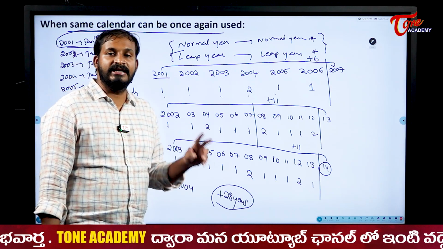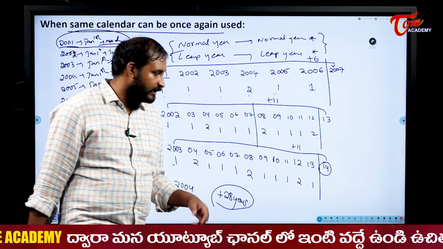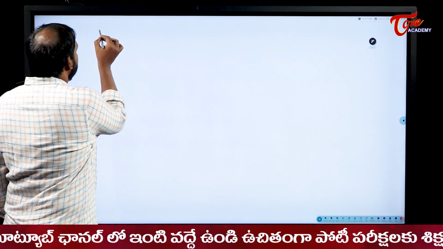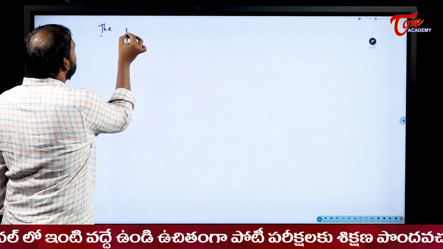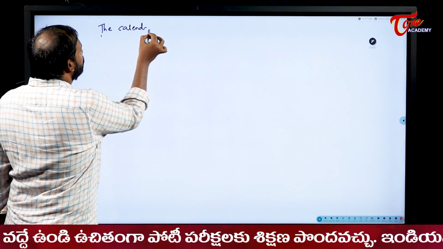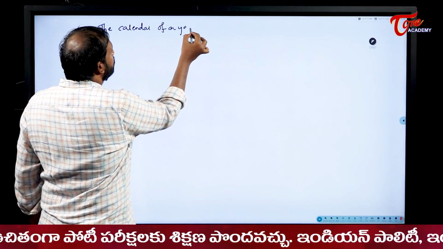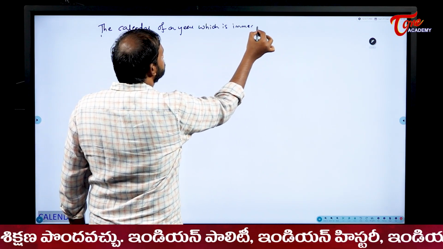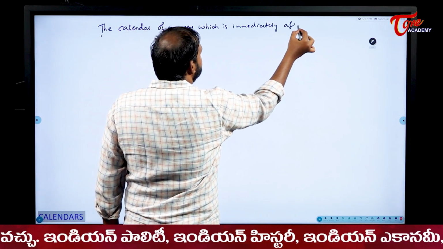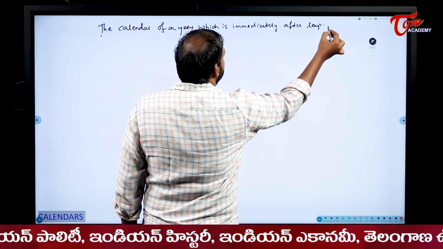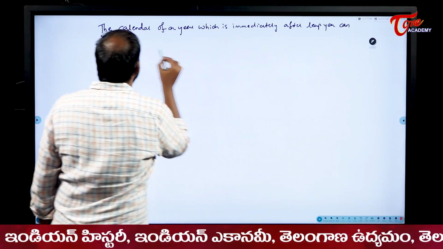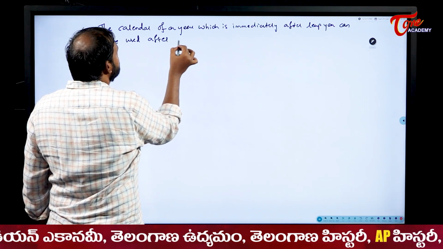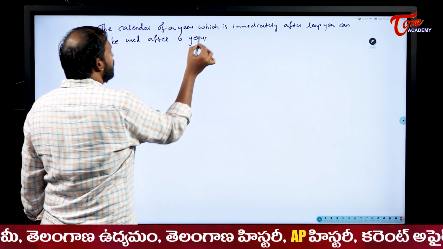2002, 3, which are second and third after a leap year. 2004 is a leap year. That means from this what I can write here is the calendar of a year which is immediately after a leap year can be used after 6 years.